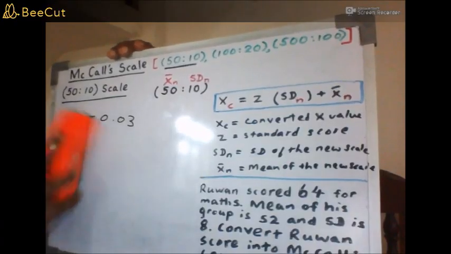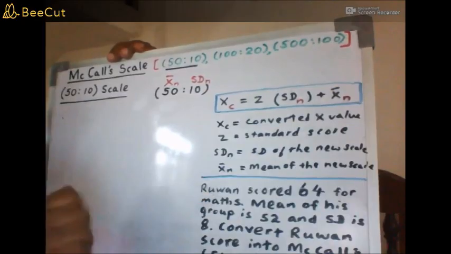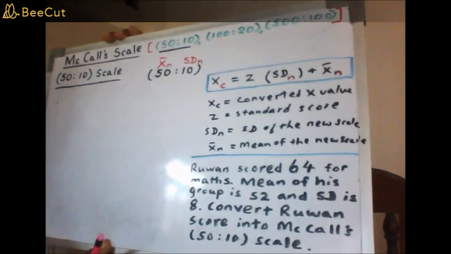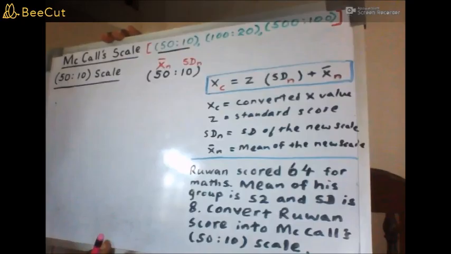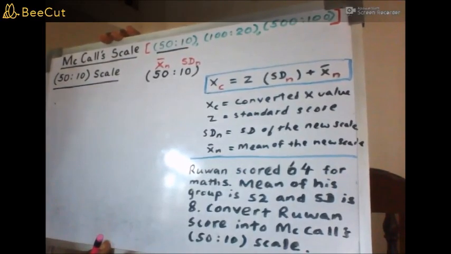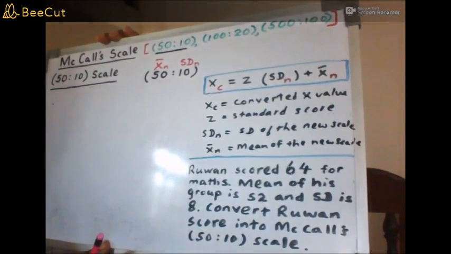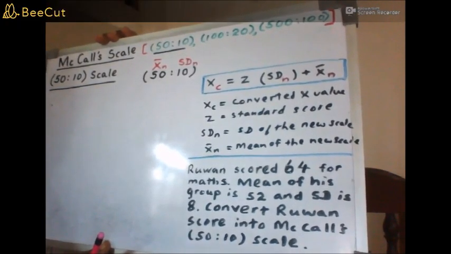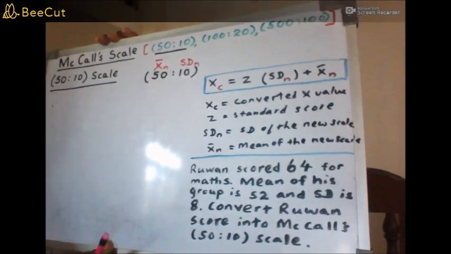Now, they will give the question like this. I'll read. Ruan scored 64 for maths. This is a first paper question. The mean of his group is 52 and the standard deviation is 8. Convert Ruan's score into McCall's scale, or sometimes they might ask, convert Ruan's score into the 50-10 scale. Now what have they given?